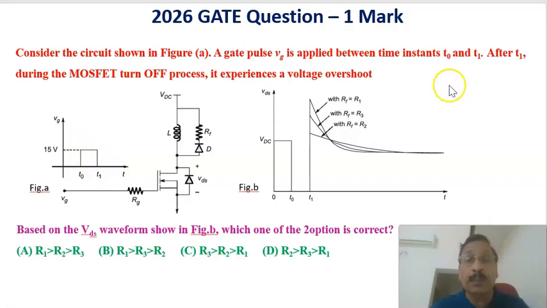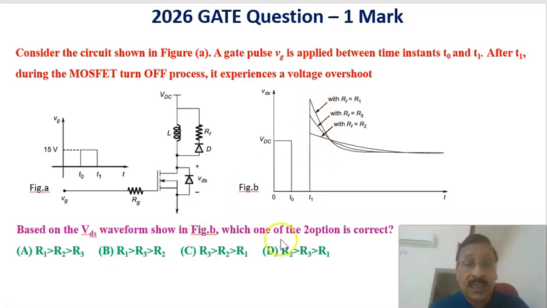After T1, during the MOSFET turn off period, the MOSFET is getting turned off, and it experiences a voltage overshoot. That is plotted here based on the VDS waveform, that is the drain to source voltage. This is the VDS value, and this is the overshoot.